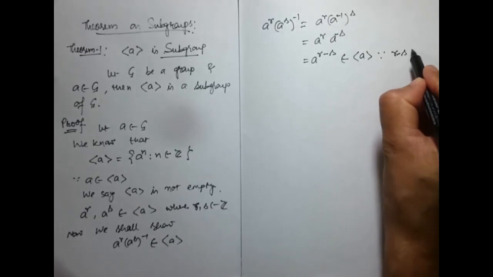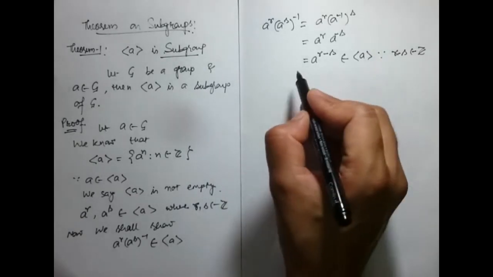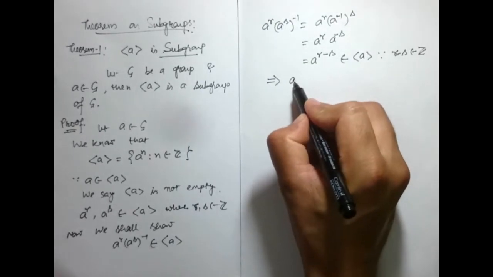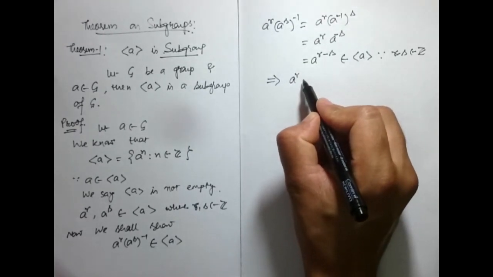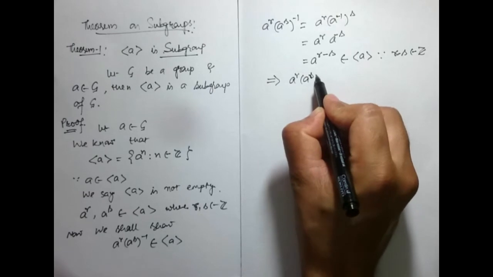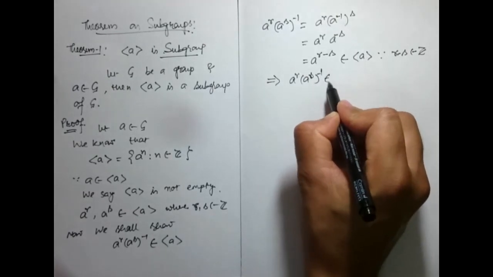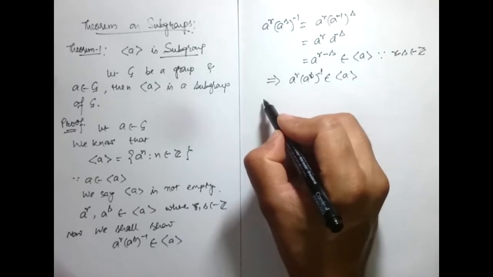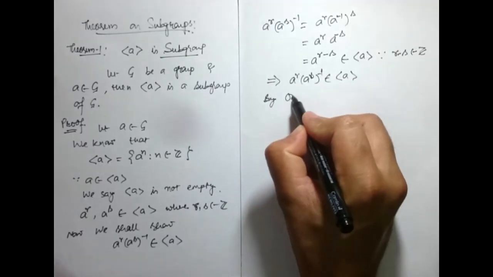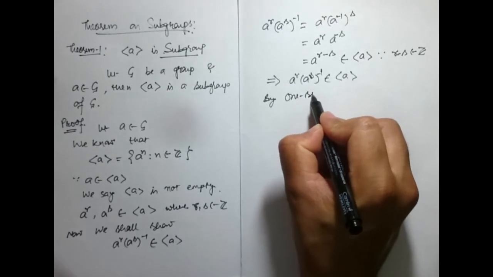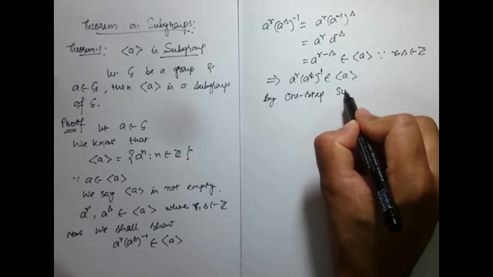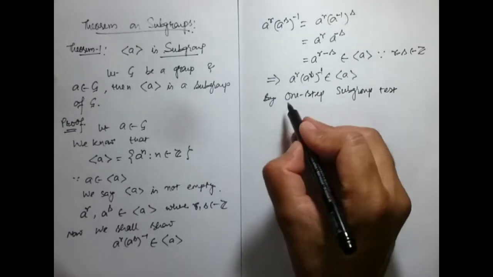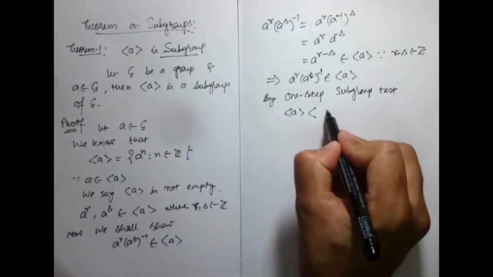Since r minus s belongs to Z. So it implies a^r into (a^s)^-1 belongs to this set. Thus by one step subgroup test, this is a subgroup of G.